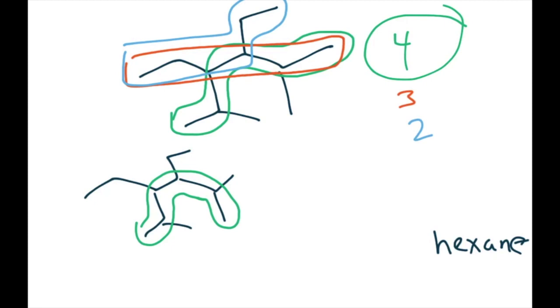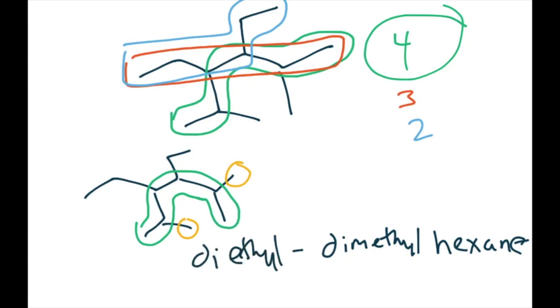Dimethyl. So I have dimethyl. So we've got a methyl right here and right here. And what is my other substituent? Diethyl. Yep. I almost gave myself enough space to actually do this.